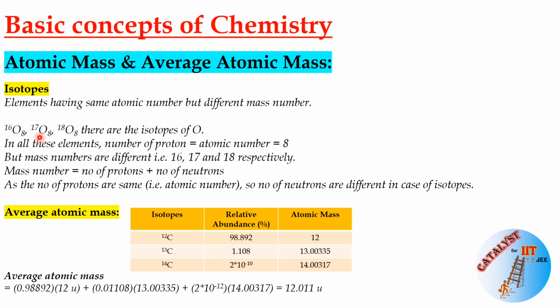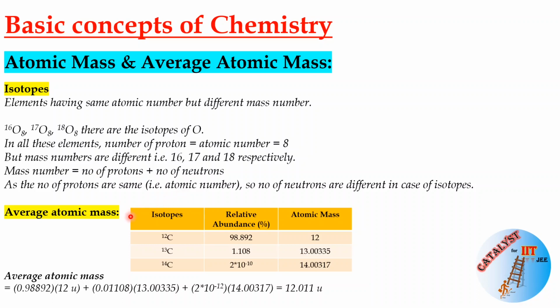Here the number of neutrons is 17 minus 8, which is equal to 9, and here the number of neutrons is 18 minus 8, which is equal to 10. Now, as we can see, the number of neutrons is different, but the number of protons is the same. So these are called the isotopes of oxygen, where the number of protons is the same, but the number of neutrons is not the same.